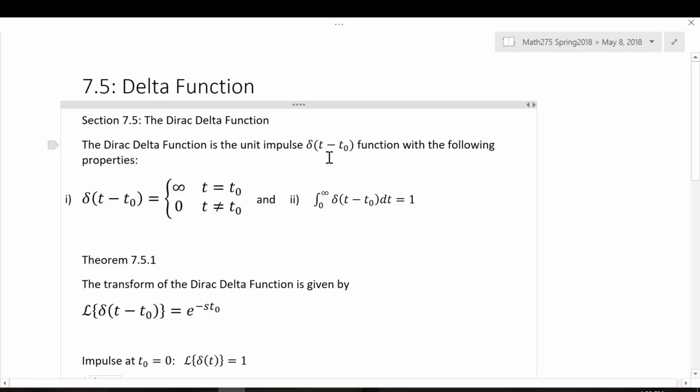The delta function is called a unit impulse function with the following properties. The property is that it's zero everywhere except at exactly one point, and at that one point, it's infinity. You can mathematically define this, as weird as it might seem.